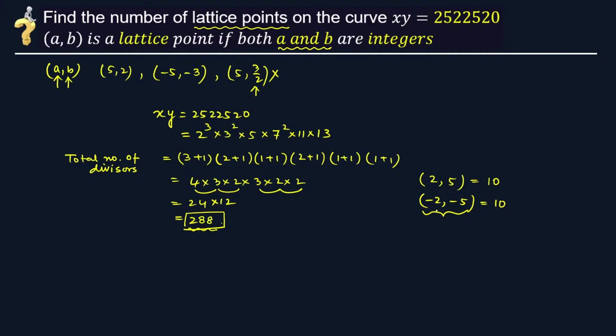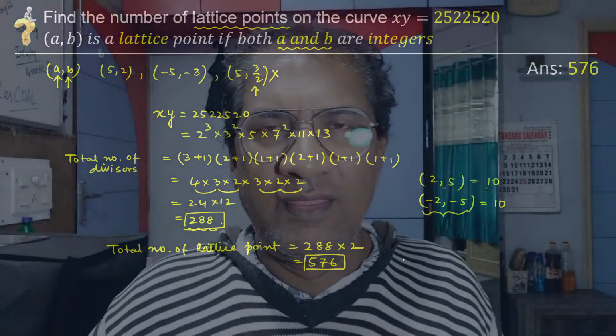Therefore, the negative values of A and B have to be considered. Therefore, the total number of lattice points will be not 288, rather it will be 288 into 2, that gives us 576, and that will be the answer for this problem. And this question is very, very important when we do coordinate geometry.